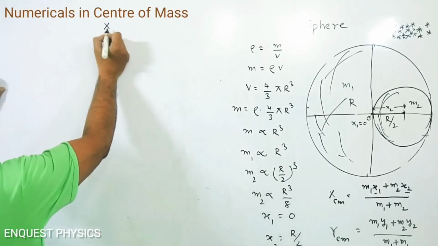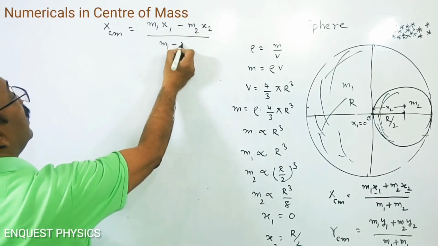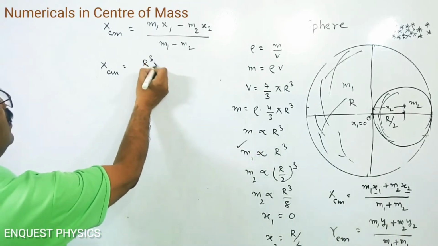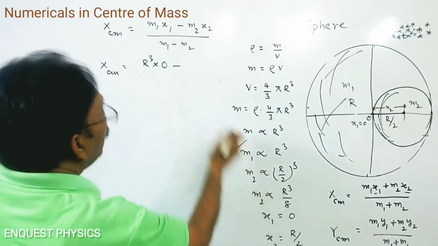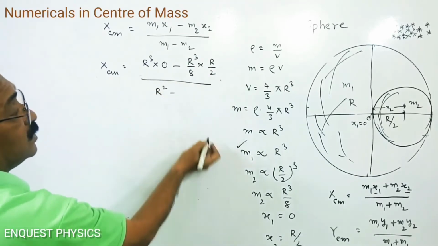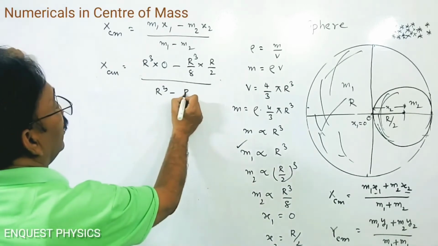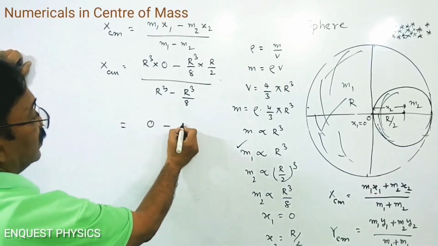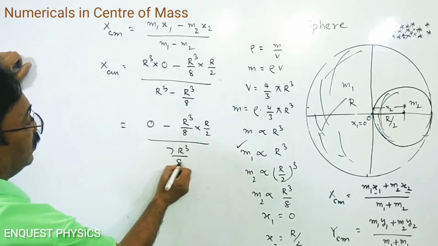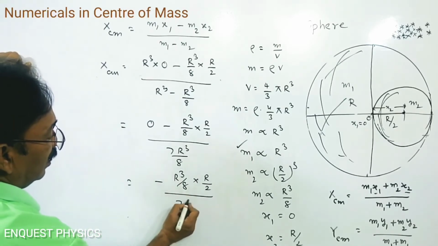What do you get? We have the relation xcm is equal to m1 x1 minus m2 x2 upon m1 minus m2, since it is a negative mass. Just substituting the values: xcm is equal to r cube into x1, obviously it is 0, minus r cube by 8 into r by 2, upon r cube minus r cube by 8, that is 7 r cube by 8.